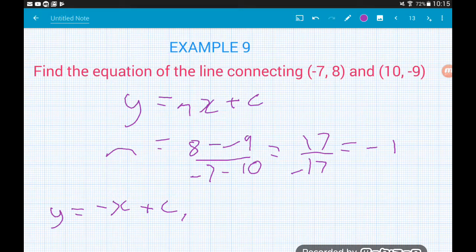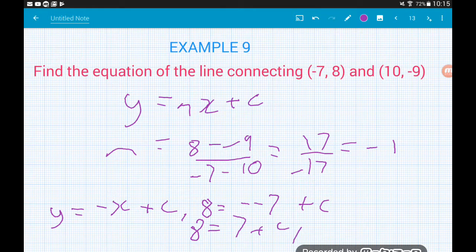So that tells us when x is minus 7, y is equal to 8. So we've got that minus x there. Add c. So we've got 8 equals positive 7 plus c.